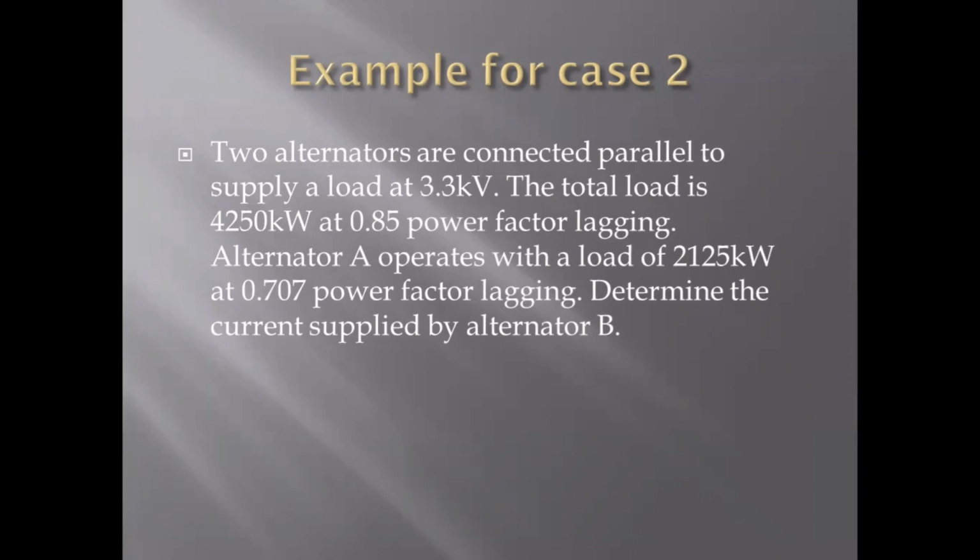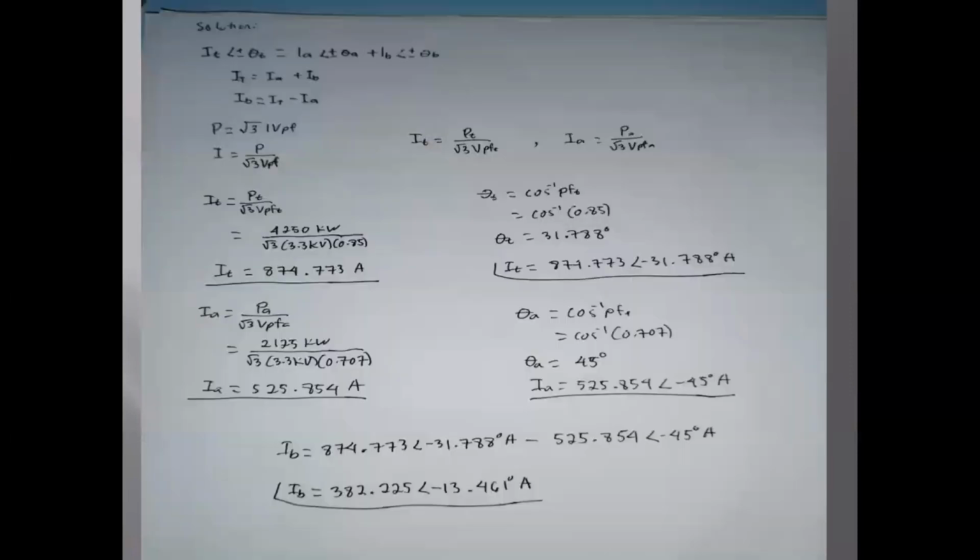Determine the current supplied by alternator B. First, it is similar to problem 1. So I total is PT over square root of 3 times V times power factor of T, which is 4,250 kilowatts over square root of 3 times 3.3 kV times 0.85.